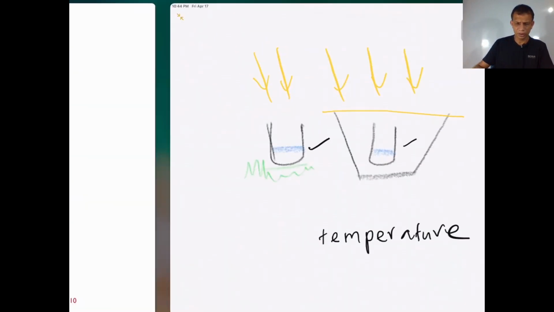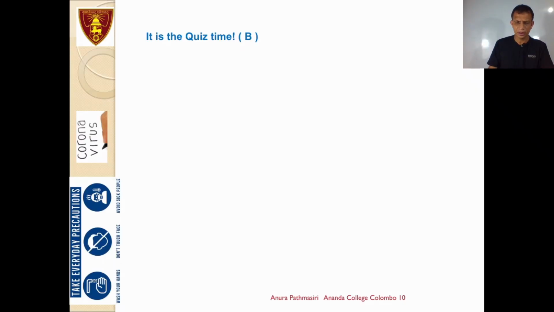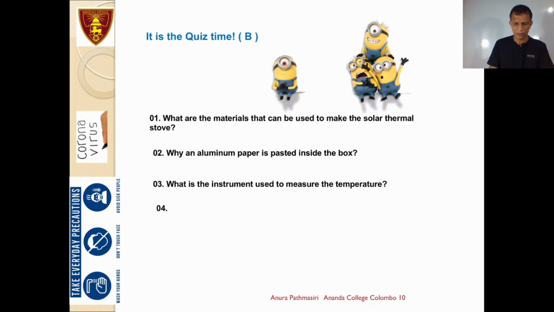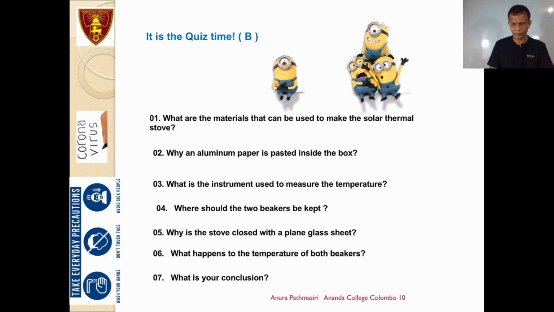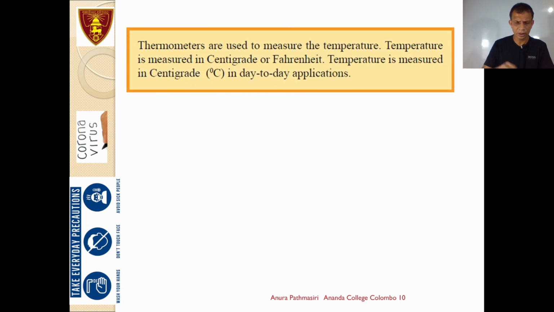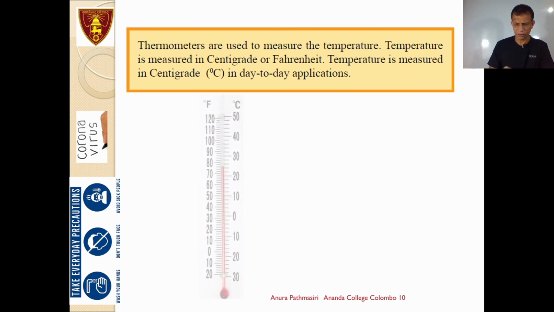When I go to your lesson, I have given you some questions here, and when you go to this question, thermometers are used to measure the temperature. Temperature is measured in centigrade or Fahrenheit. Temperature is measured in centigrade in day-to-day applications.